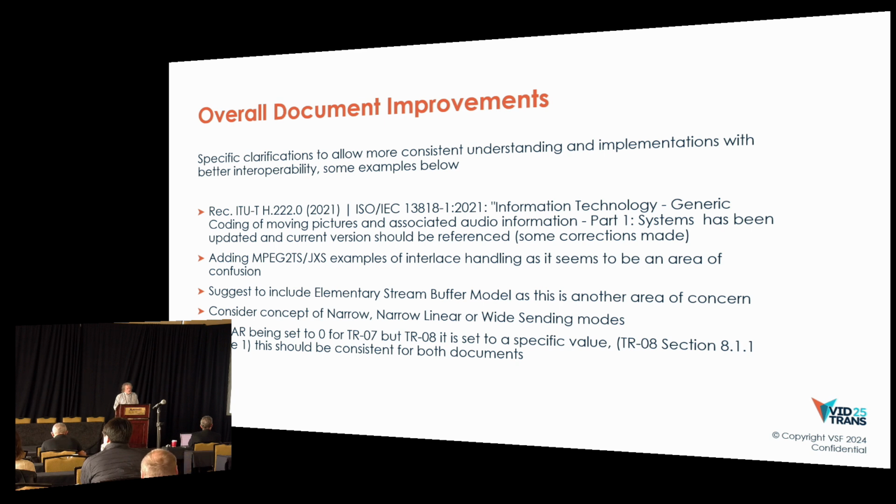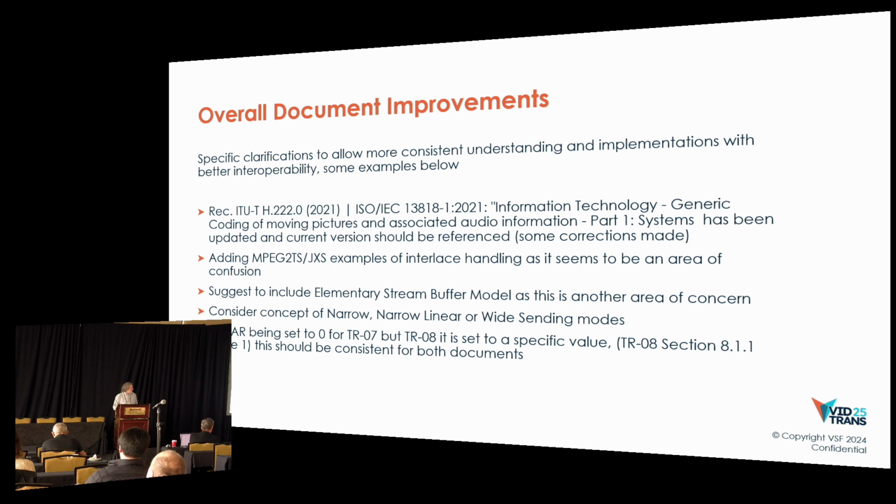Like 2110, where when that standard was done, the timing and buffer models were considered, and you wind up with narrow linear or wide profiles. We may have to do something like that for JPEG-XS in MPEG-2 TS, which is kind of a new approach. But we may have to mention or add some type of information about that in the standard.